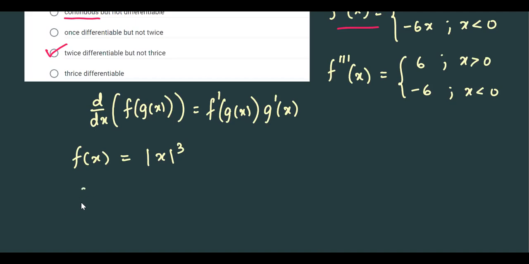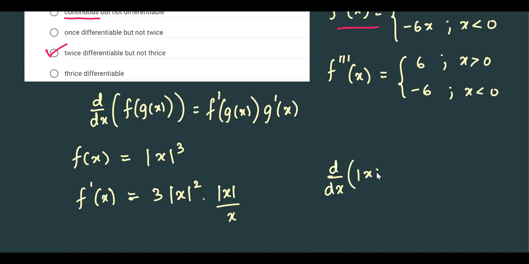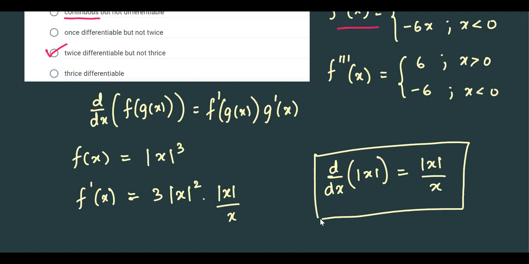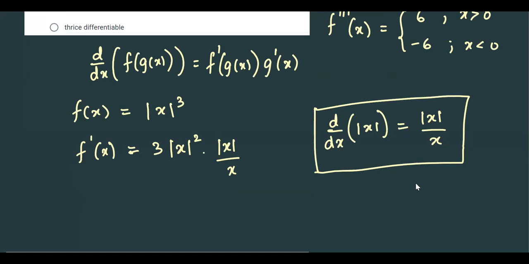Now f dash of x will be 3 times modulus of x the whole square into the derivative of modulus of x. Derivative of mod x is mod x by x. Why? Because it will be plus 1 when x is greater than 0 and minus 1 when x is less than 0. So this way also you can think of doing it.